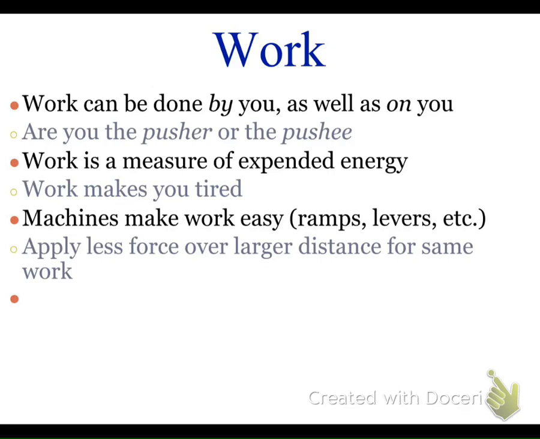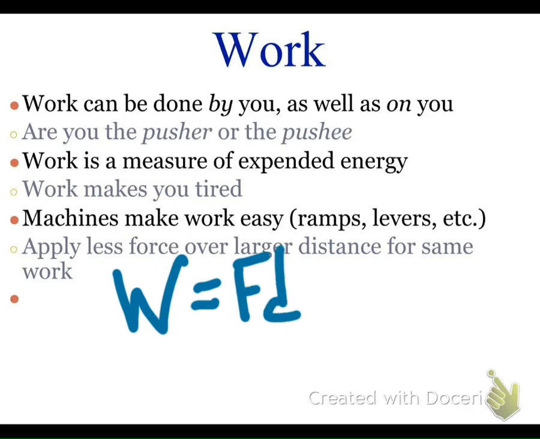Machines make work easier. You do the same amount of work, but you have to apply less force. When you apply less force, you have to do it over a greater distance. That means if we look at the equation, work equals force times distance, we can write that force times distance multiple ways.